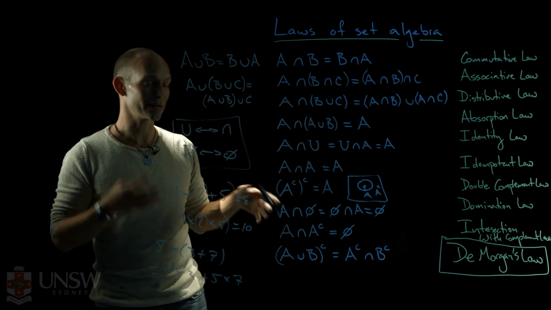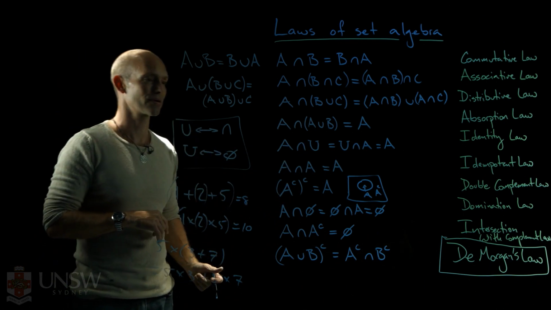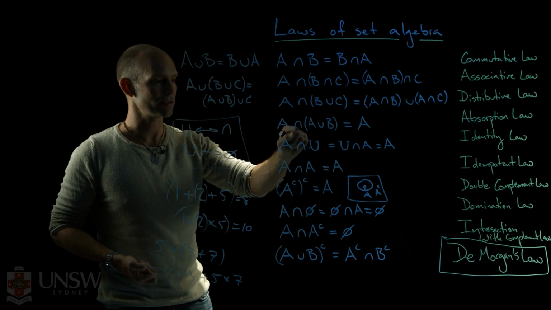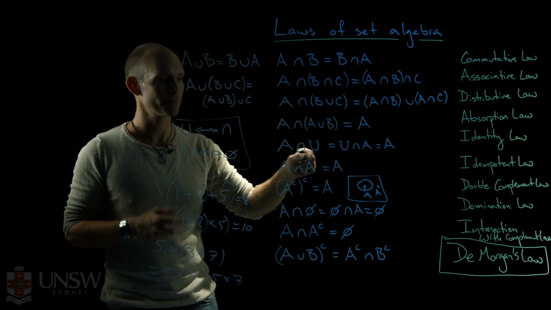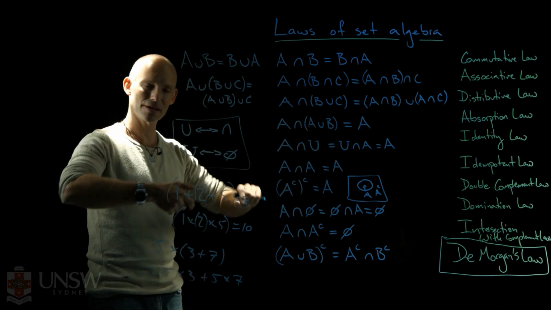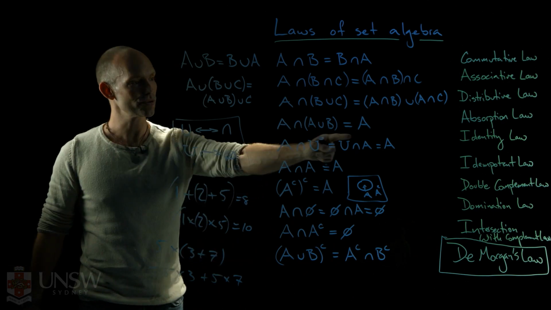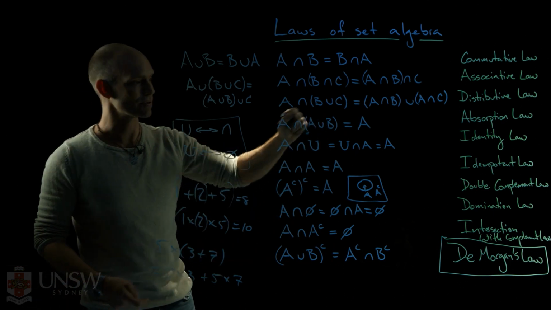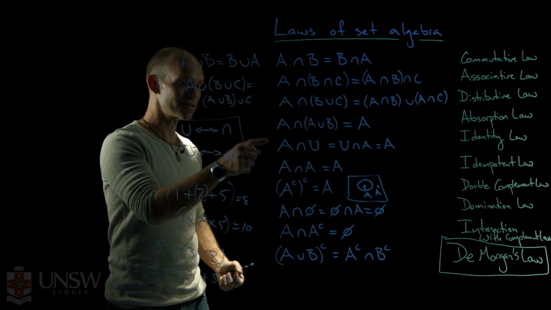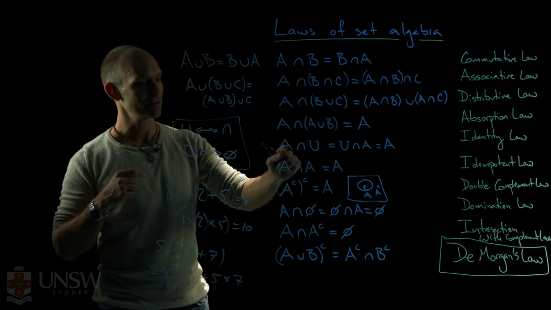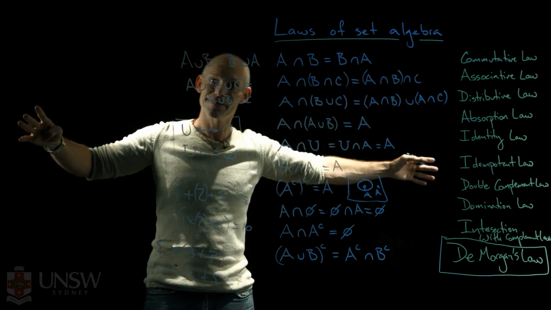So it's quite simple, but it's possibly hard to remember. So you have an intersection there and a union there. If you flip those upside down, both of them, then this is also true. That's the absorption law.